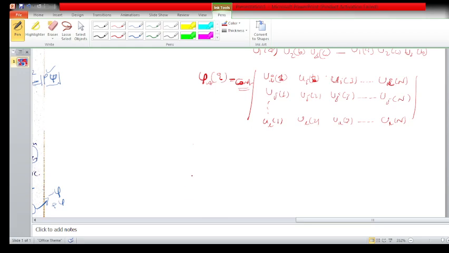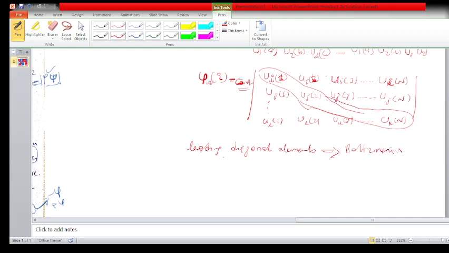If you consider the leading diagonal elements, all these values up to this, this is nothing but your Boltzmannian system. The leading diagonal elements give you the Boltzmannian system.